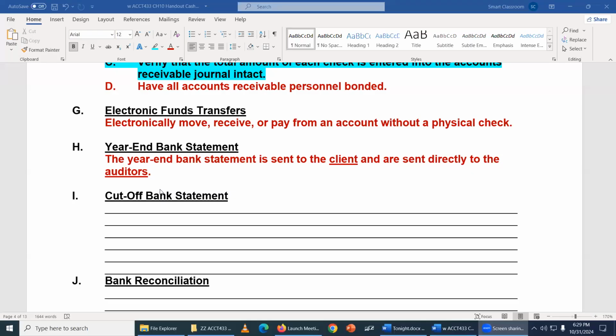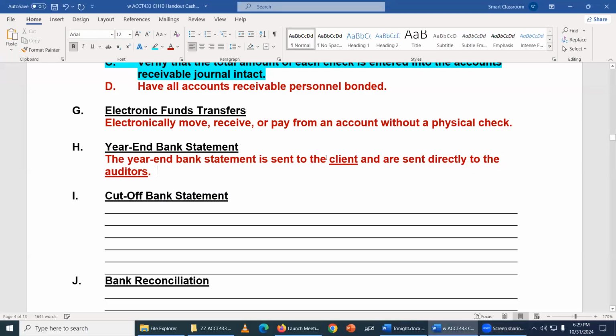So the bank statement is sent not only to the client, but also to the auditors, because again, if somebody has access to it, it's possible that they can alter it. Now, you want to make that into the best evidence you can. The best evidence comes directly from a third party. So this is why we have it sent directly to us.